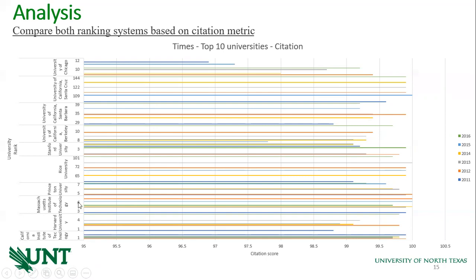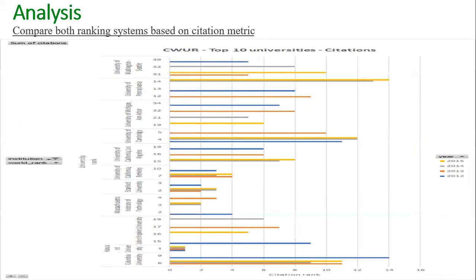So if you look at the top 10 universities' citation ranks versus actual ranks for the CWUR ranking system, again, as I mentioned earlier, the lowest value is the best value here because the CWUR ranking system provides ranks for every attribute.